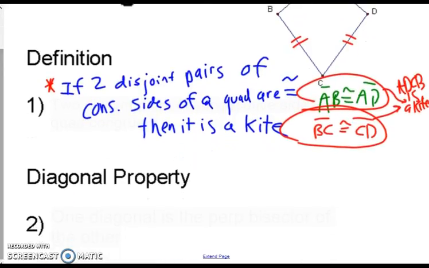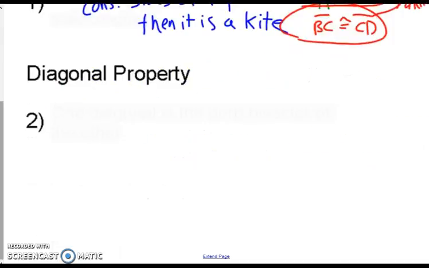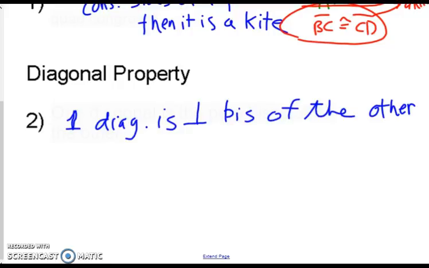There's a way to prove that a quadrilateral is a kite with the diagonals, and that is to show that one diagonal is the perpendicular bisector of the other. And of course, when you write it in a proof, you should write it in if-then form. If one diagonal is a perpendicular bisector of the other in a quadrilateral, then the quadrilateral is a kite.